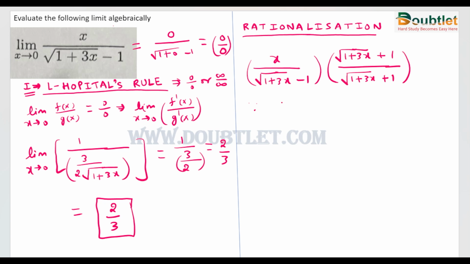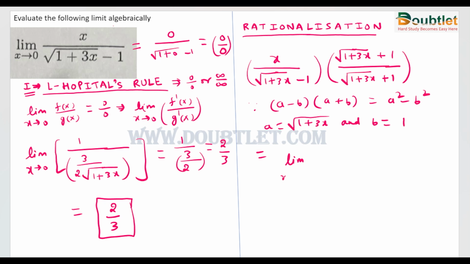We will use the formula (a minus b) multiplied by (a plus b) is equal to a square minus b square, where a is under root of 1 plus 3x and b is 1. If we solve this, we get limit of x tending to 0 of x times under root of 1 plus 3x plus 1, divided by a square minus b square.